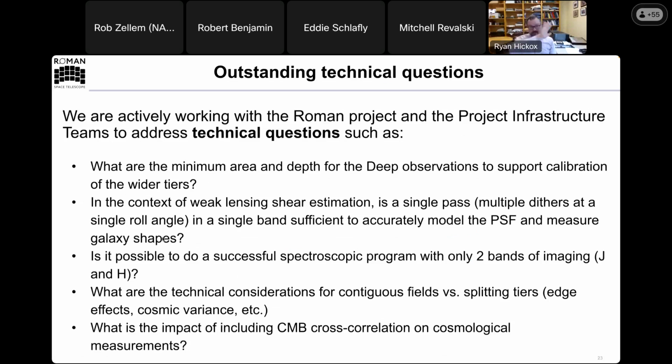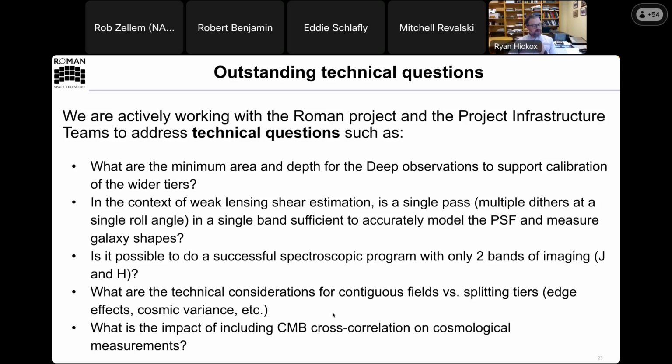If we just do the single pass, as I mentioned before, for a wide area in a single band, is that actually enough to really do weak lensing shear estimation? If we only have 2 bands of imaging, is that enough to support a GRISM spectroscopy program? In other words, can we use those 2 bands well enough to decontaminate the GRISM spectra as long as we have enough roll angles?